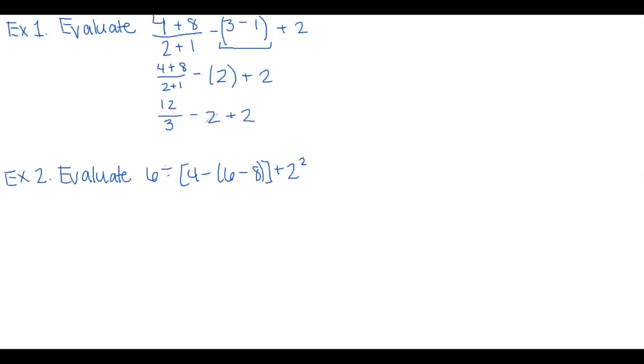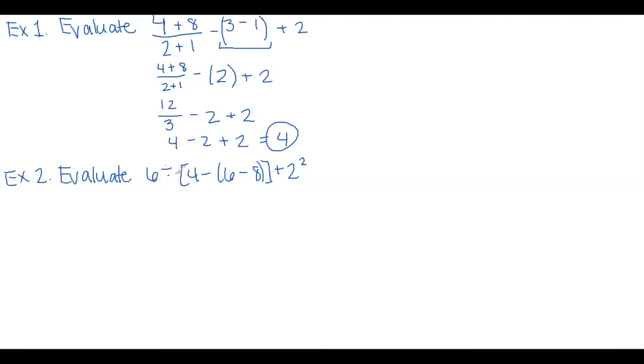So I'm just writing everything else down. So now we have to do this division. So 12 divided by 3 is 4. And then we keep on writing everything else. So now we have 4 minus 2 plus 2. So 4 minus 2 is 2. And when we add 2 to 2, we get 4. Okay? Let's look at example 2.